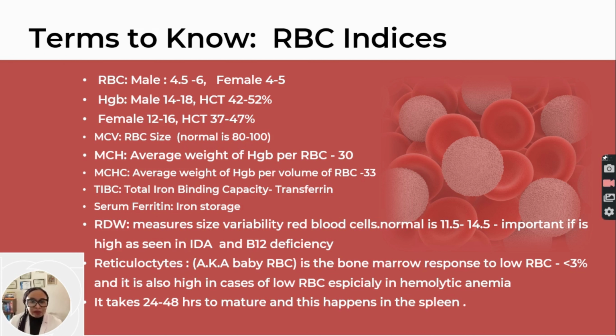Then when we think about the total iron binding capacity, it's related to your transferrin. The total iron binding capacity is just telling you the space on the transferrin that is available for iron to bind into. Your transferrin is your transport that carries iron, while your total iron binding capacity is the space available on that transferrin for the iron to bind into.